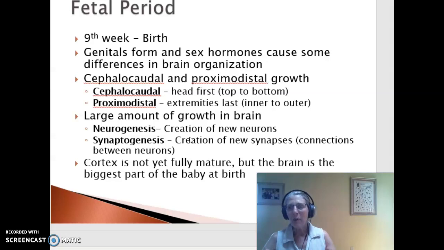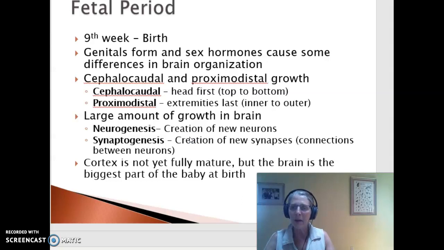They also talk about the growth in the brain. This is so critical. The brain needs to be mature enough to support life outside of the womb. It needs to be able to survive birth and get the baby a start in the world, so to speak.